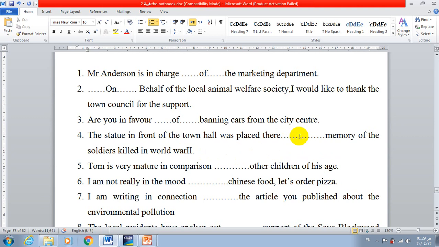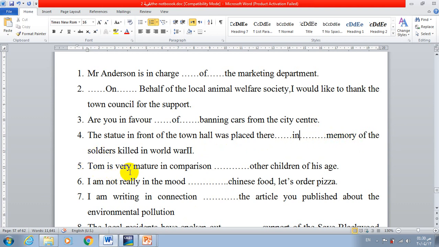Please, my dear students, open your notes on this page, page 57, to follow me and to choose the right preposition to complete the sentences. Okay, here we need the preposition in, in memory of the soldiers. Here we use in, like you see, placed there in memory, like I told you.